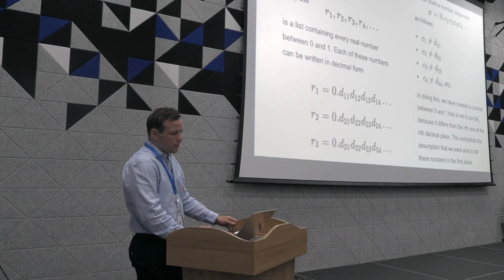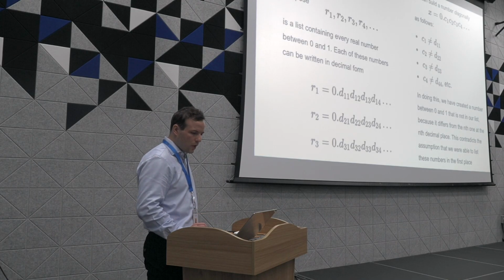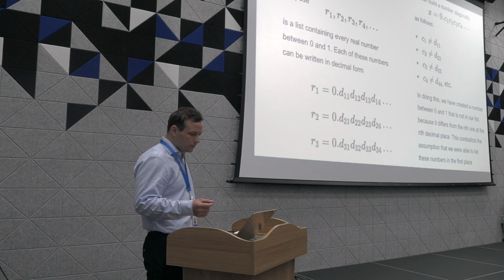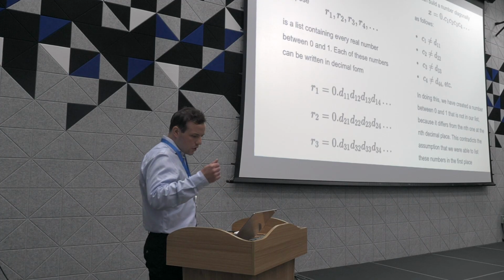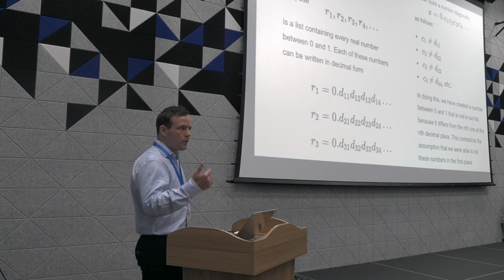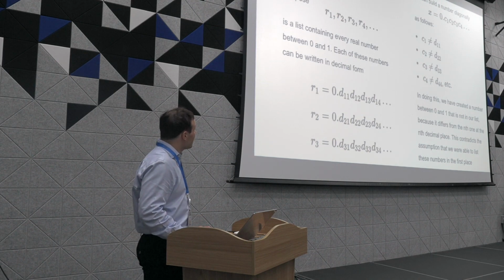So if there did exist a bijection between the natural numbers and this interval from 0 to 1, then we could list all of the numbers from 0 to 1. However, when we try to do this, we can always find a number between 0 and 1 that isn't in our list. And we do that by constructing this number here, x. Okay?